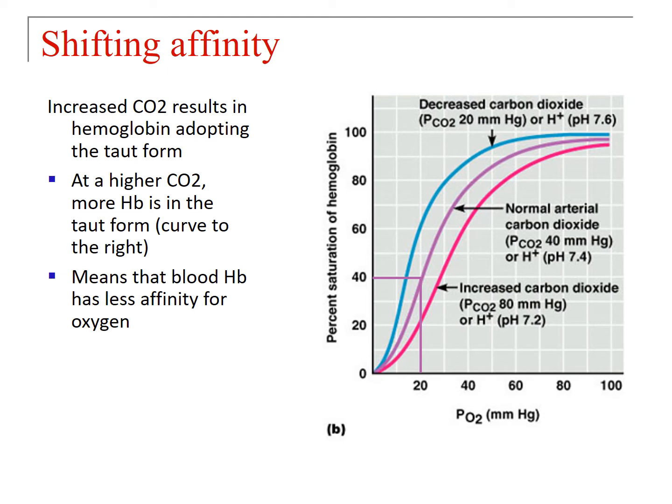At the same partial pressure of oxygen, at the same diffusion rate, taut hemoglobin picks up less oxygen than regular hemoglobin. The lower pH mix is going to have more taut hemoglobin. The normal arterial mix is going to have a standard amount of taut versus relaxed hemoglobin. So more relaxed means more affinity, which means a higher saturation at the same partial pressure of oxygen.